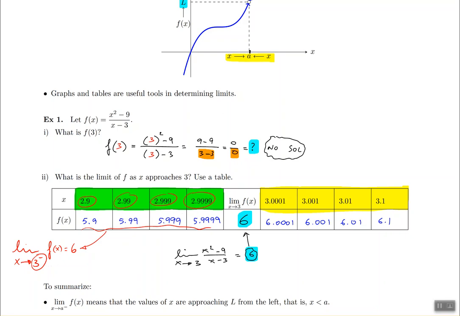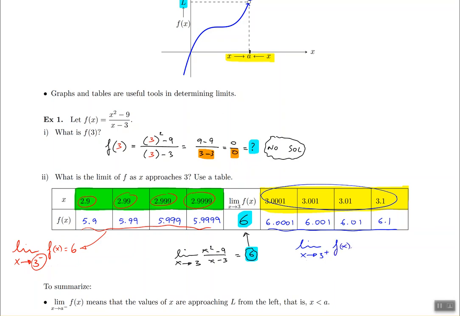On the other hand, if I pick a number after 3, like one of these yellow ones, how do I say a number is after 3? I write 3 plus. Now, I don't want to pick any random number. I want to pick something very, very close to 3. That's the reason why we write 3 plus, not 4 or 5 or 7 or whatever. So I want my number to be slightly more than 3. That looks like a 3, but slightly more.